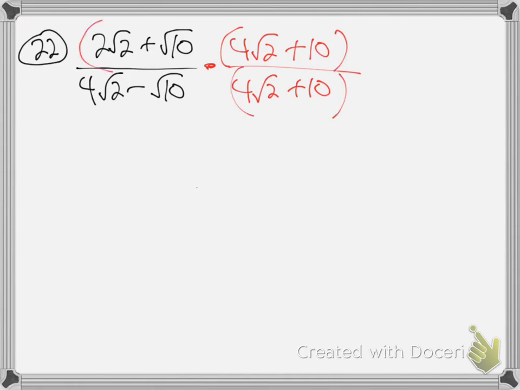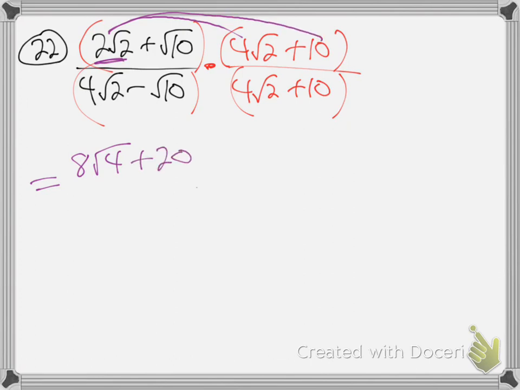So here we go. So on the top, now remember, when we multiply, outsiders multiply outsiders, insiders multiply insiders. So this multiplies there. So 2 times 4 is 8, and inside root 4. And then this guy multiplies there. That 10's an outsider, so it'll multiply the 2 on the outside to make 20 root 2.